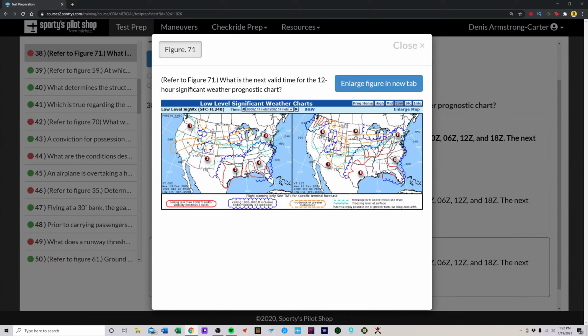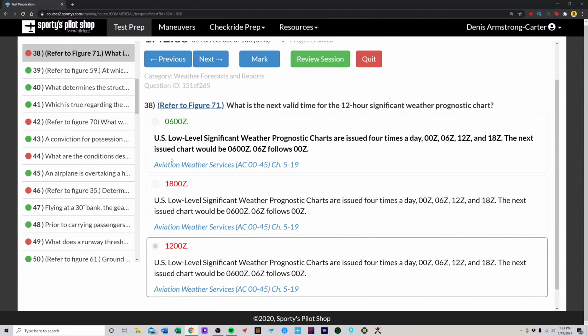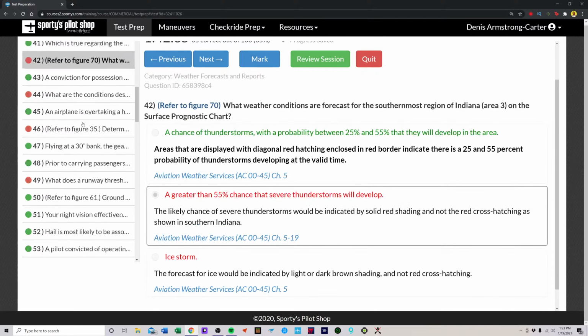That's the 12 hour. There you go. Wait, what? 0, 6, 12, 18. That doesn't make sense. That's 6 hours, guys. That is literally 6 hours. Numbers don't work like that. I don't know.